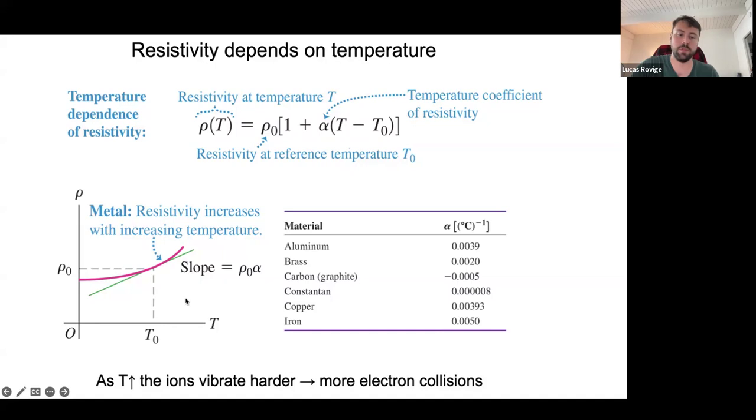So if you get your conductor hotter, you will increase the resistivity of your material. It's following typically this law, where you have the resistivity at the reference temperature T0, and then you have a coefficient here that's tabulated depending on the material, and then it's increasing linearly with temperature.